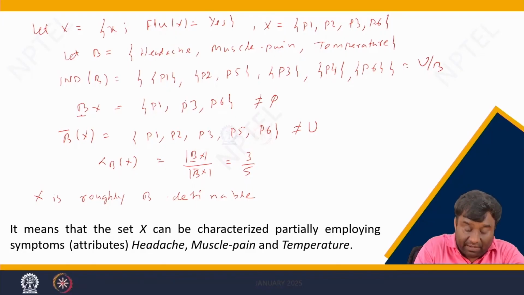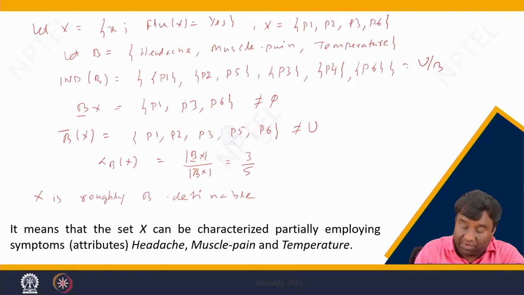So here is the lower approximation of the target set, yes. P1, P3, P6 are completely a subset, while P2 and P5 is not a subset of the target set. So this is the lower approximation, and in the upper approximation we add these two elements, P2 and P5.